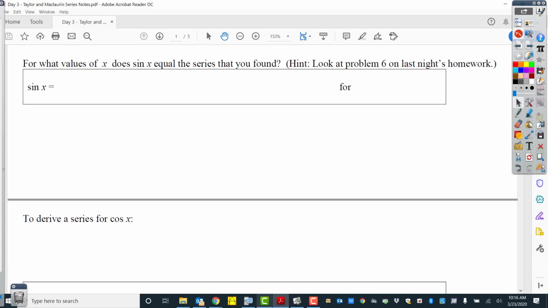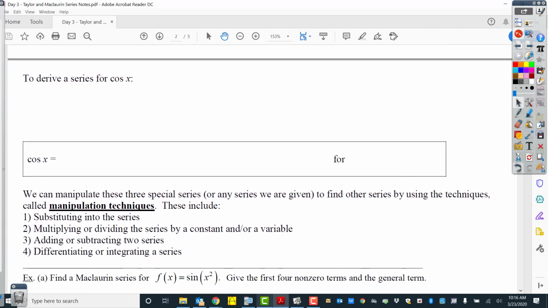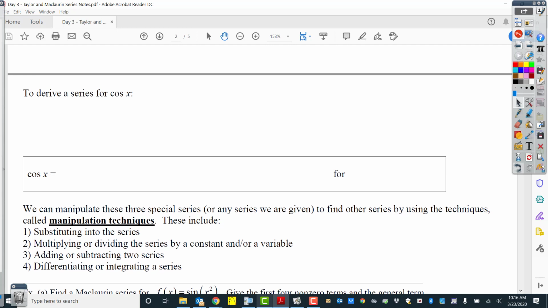All right, the last one we're going to look at is cosine. I probably should have given myself some more room here, knowing that I can't write very well. But this one should go quickly because it's very similar to what we just did with sine.